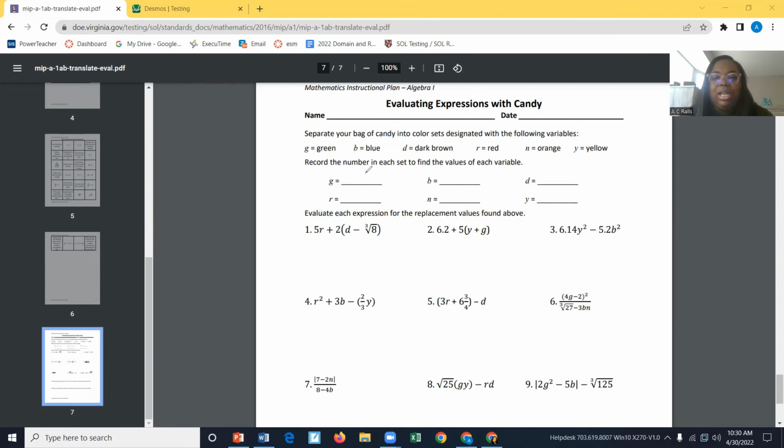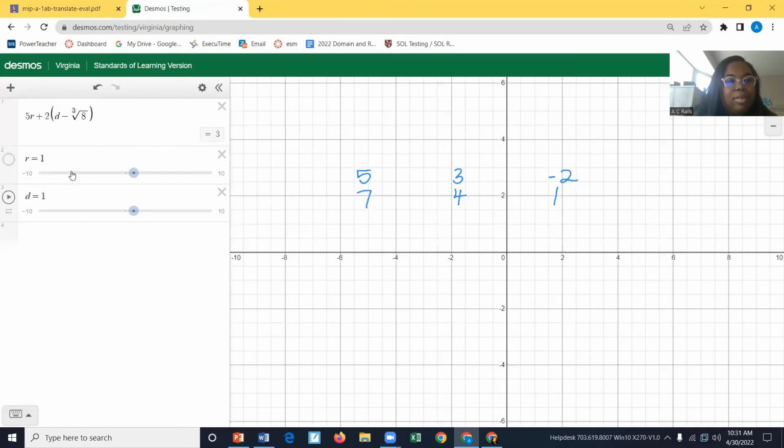All right, we'll say that this is 5. We'll give this to be a 3, a -2, 7, 4, and we'll make that one a 1. So our R is 7.